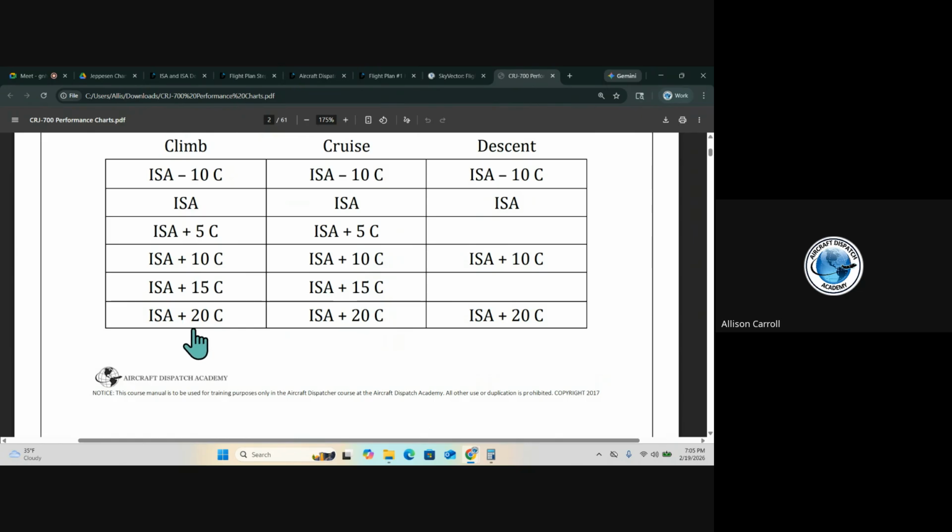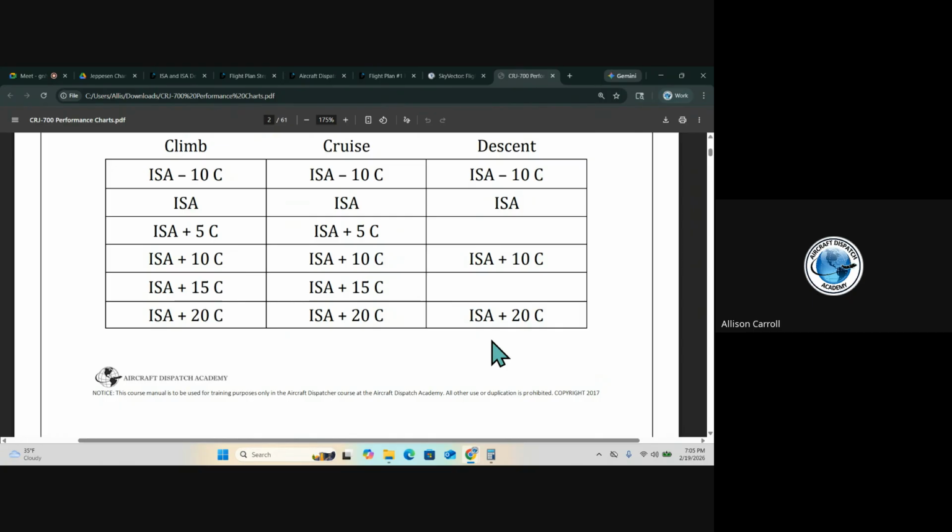All right. Now, if you are ISA plus 25, just come down to ISA plus 20 because we do not have any more performance charts available for us to use. So I know that there is one flight plan where you're going into a really hot city.